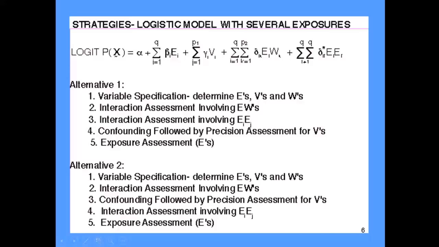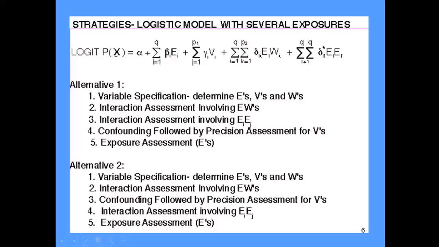So I'm being consistent in either strategy by saying, I'm only going to talk about covariates, whether they're effect modifiers, before I talk about interactions of one E with another, because that's more of a causal relationship type of thing, but this is covariate stuff. And so the second one is the same too.